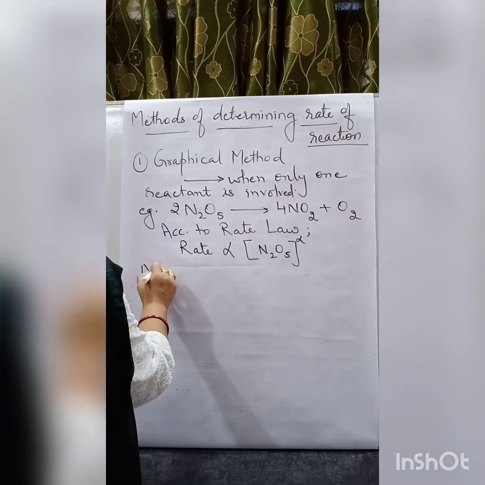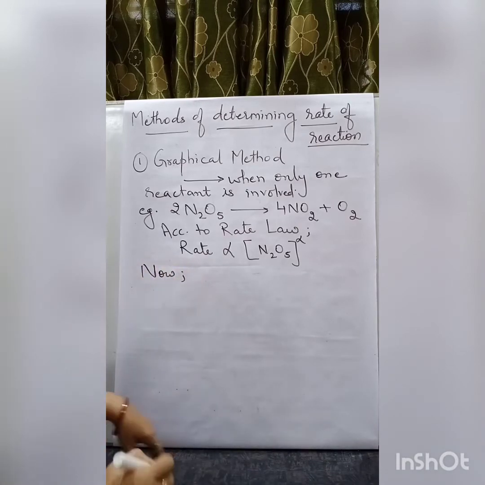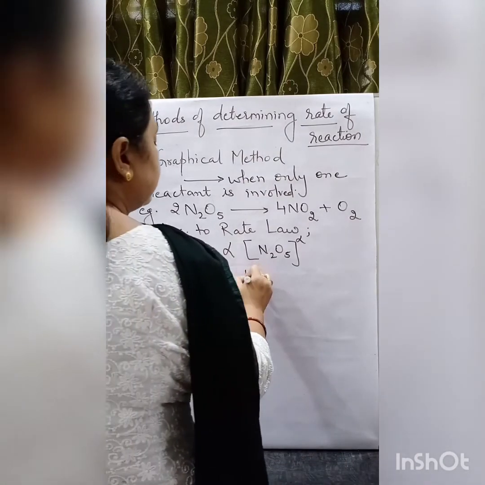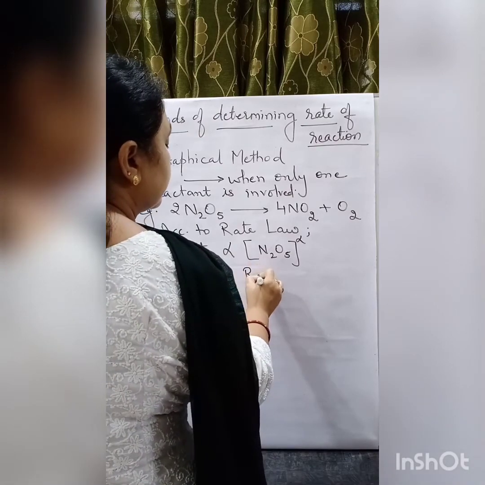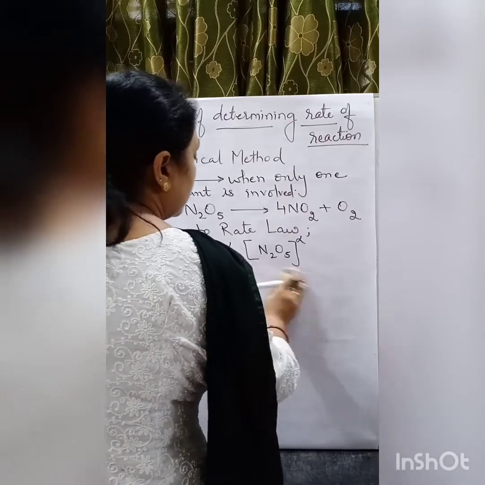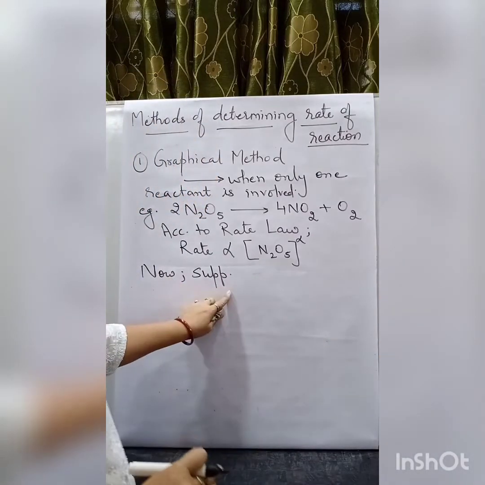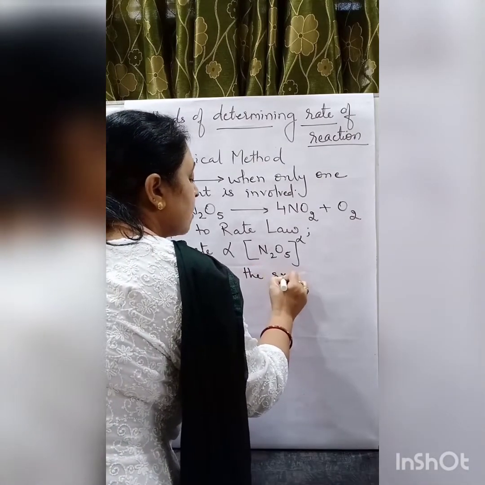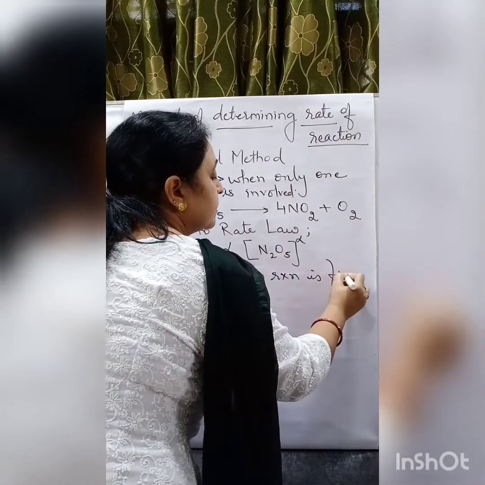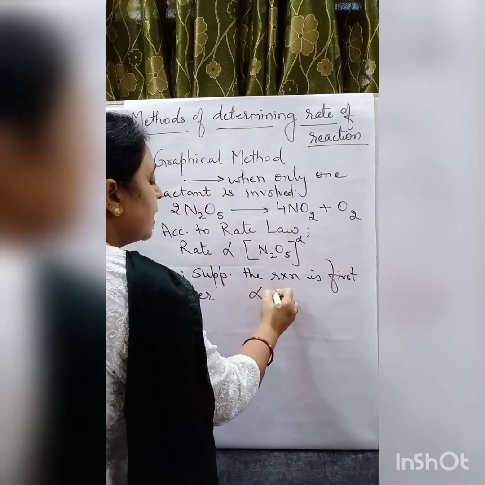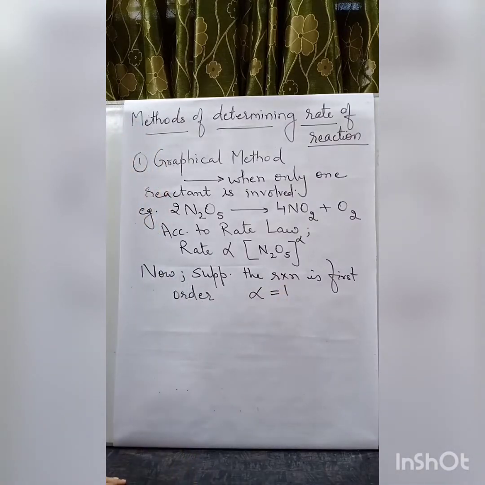Now suppose we have to check experimental data. Suppose we find that the reaction is first order. What does it mean? Alpha is equal to 1.